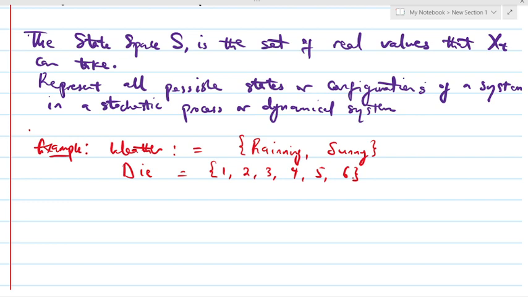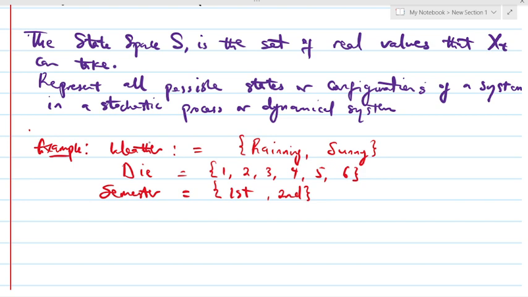We can also have another example like a semester. If a school in Nigeria has semesters, the possible states are the first semester and second semester of a particular year.